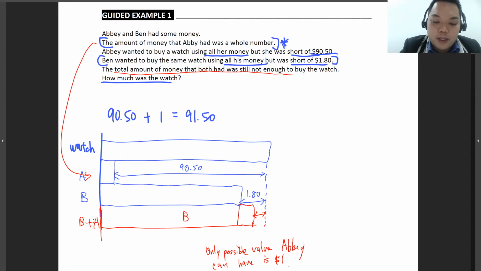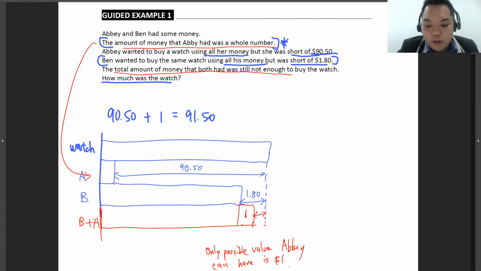If we combine B and A together, and A's amount is a whole number, the only possible value this can be is 1. Alright? It's okay, take your time to think through this. Okay, is everyone fine with that?